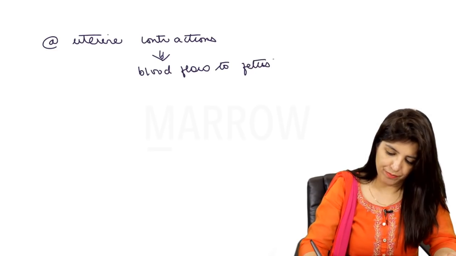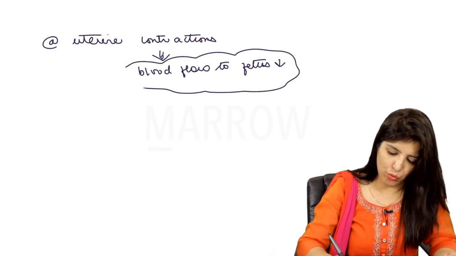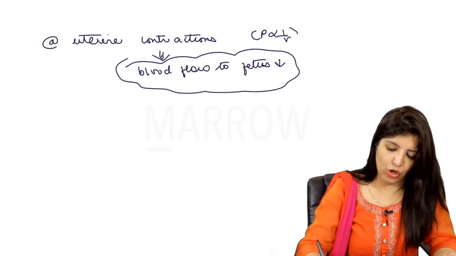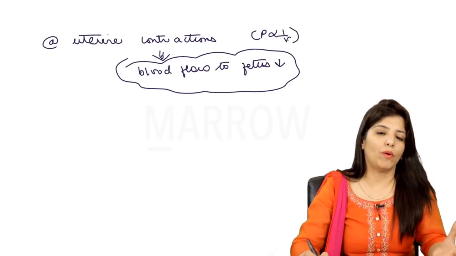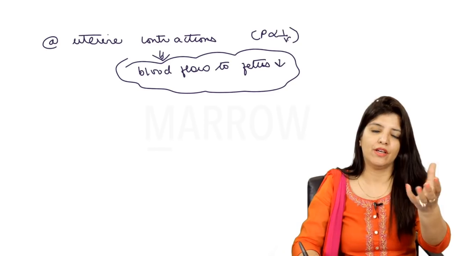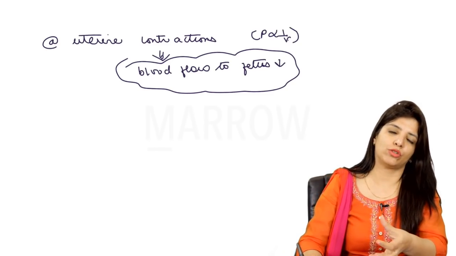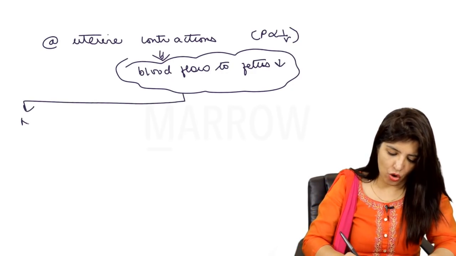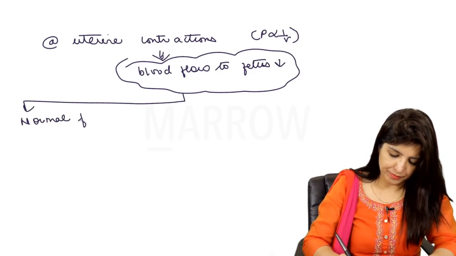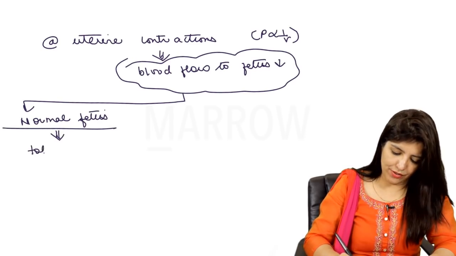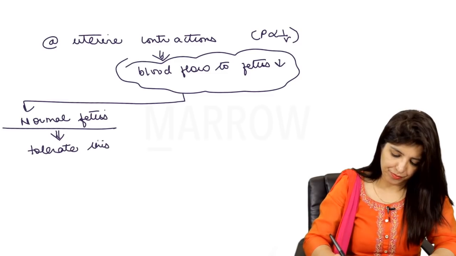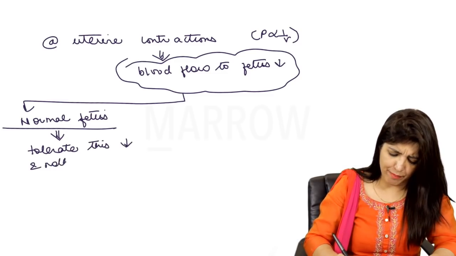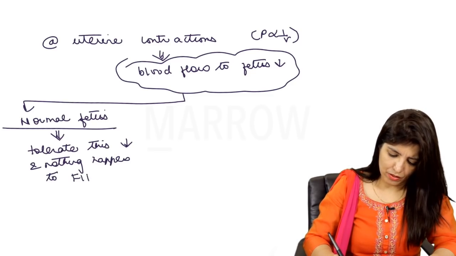Again, that's a question, right? Why? Because pressure and volume are inversely related. When the pressure in the uterus increases, the volume of blood going to the fetus decreases, right? So if it is a normal fetus, it can tolerate this decrease and nothing will happen to its heart rate, right?